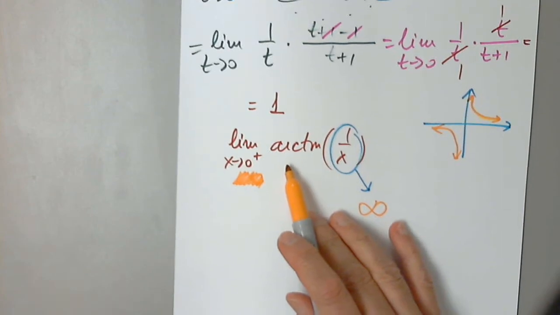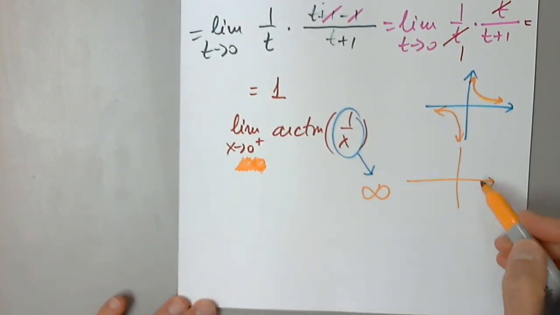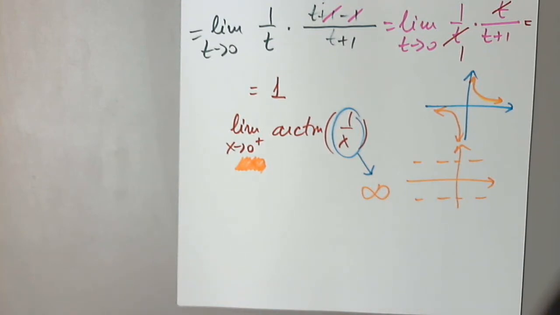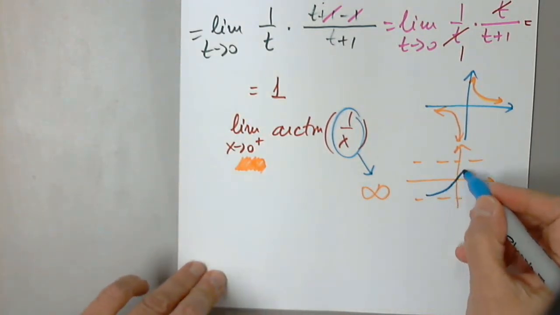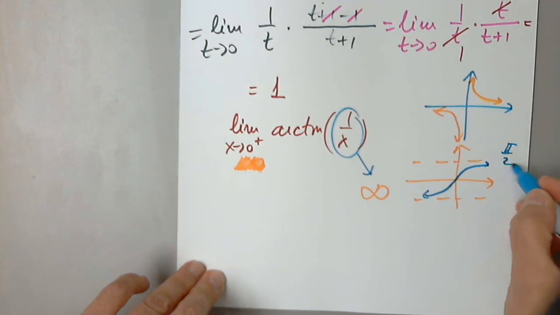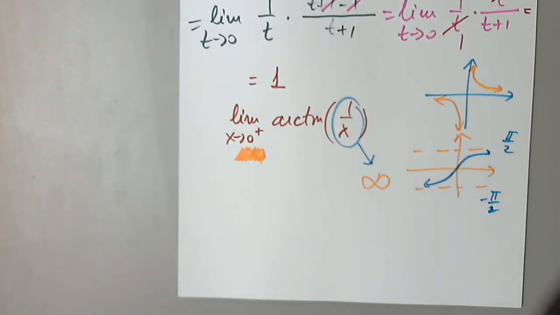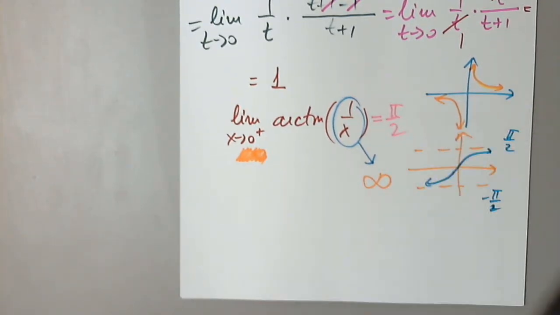And now I have to remember a graph of arctangent. Here's the graph of arctangent. Please remember the graph of arctangent. And then the answer is pi over 2 indeed.